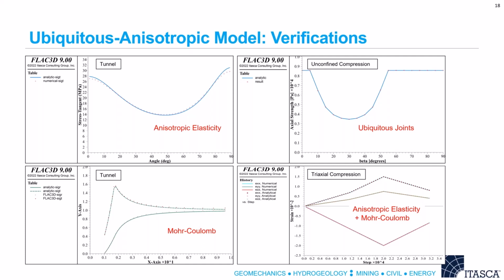So generally, this model will degenerate to anisotropic elasticity. And then we can compare the result to the analytical result. That's perfectly matched. And the second figure degenerates this model to ubiquitous joint, and then we can have some verification, and so on and so forth.